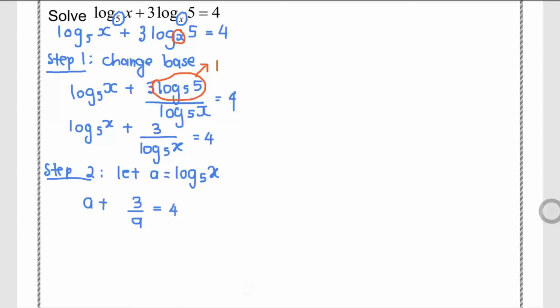Then step 3, we will simplify our equation and make it a quadratic form.